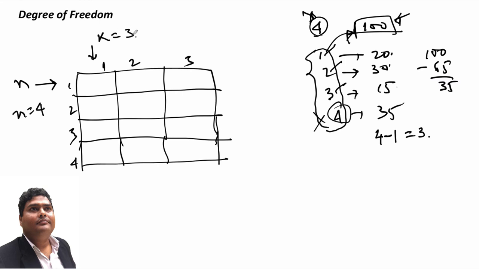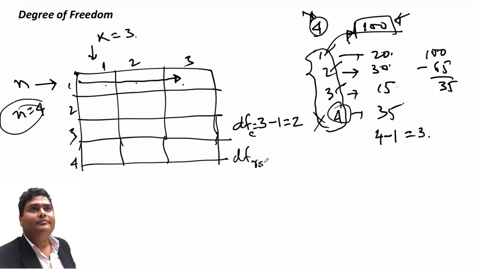Now in that case, what will be the degree of freedom? If you start from here and travel along, you have the total number of columns: first column, second column, third column, right? So you will have 3 minus 1, that is 2, which is the degree of freedom of columns. Similarly, for n equals 4, the degree of freedom of rows will be 4 minus 1 equals 3. Clear?